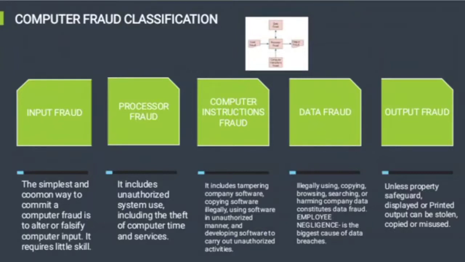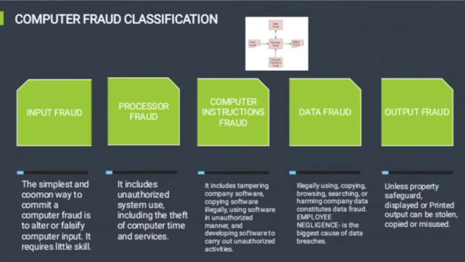Number 3, computer instructions fraud. Computer instruction fraud includes tampering with company software, copying software illegally, using software in an unauthorized manner, and developing software to carry out unauthorized activities. Number 4, data fraud.